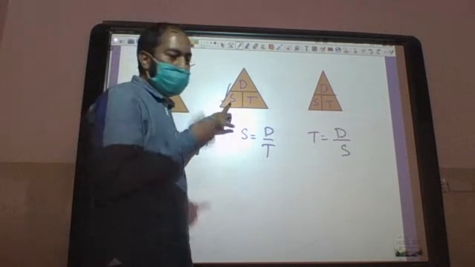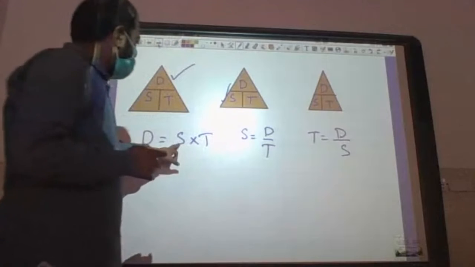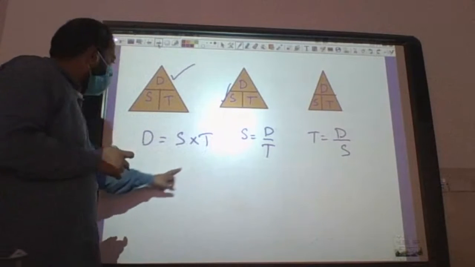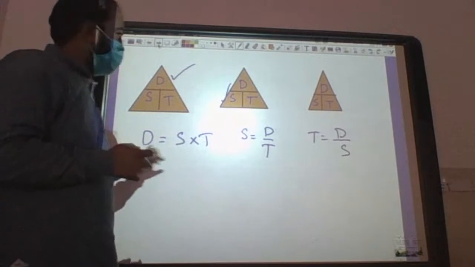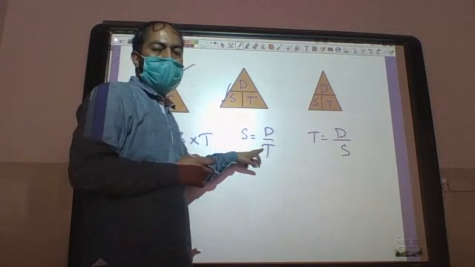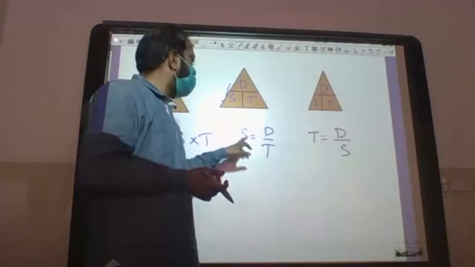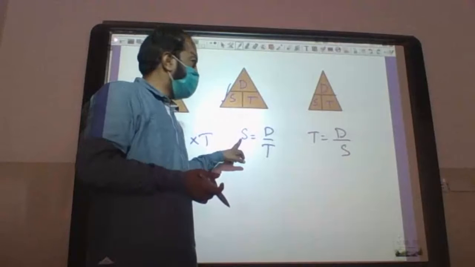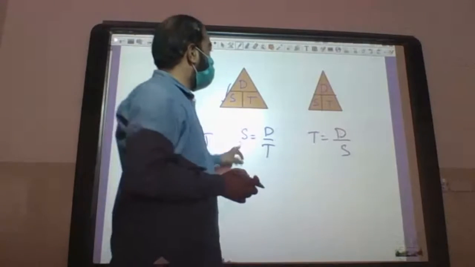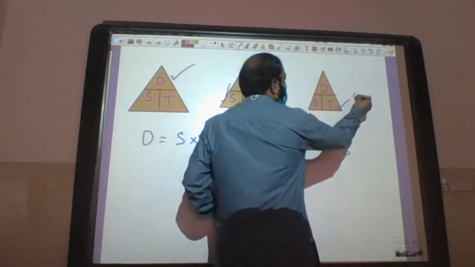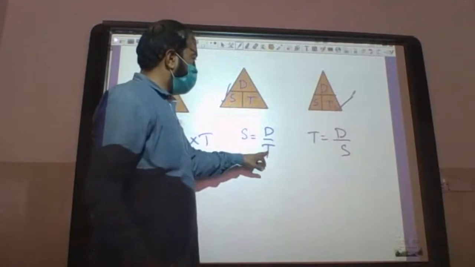If I want to find the speed from this, T will come as a denominator. So it will become distance over time. Total distance covered divided by total time will give you the speed. The third situation is if I want to find the time from this formula.